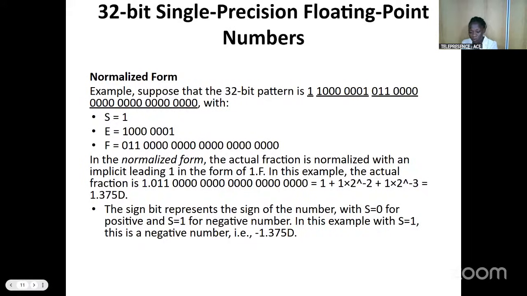When we do the calculation here, we have 1.375. And as we know from what we said about 32-bit single precision numbers, the first bit determines whether the number is negative or positive. Since the most significant bit is 1, it means the number is negative.